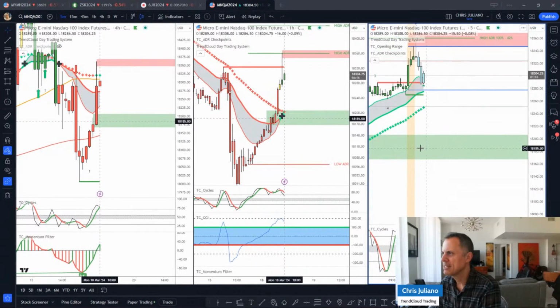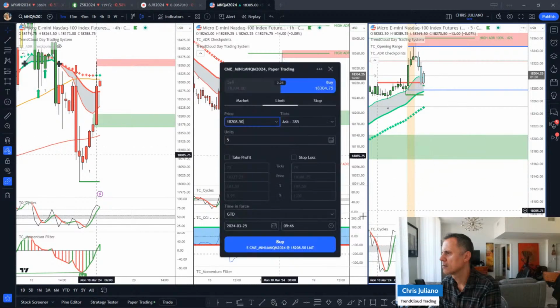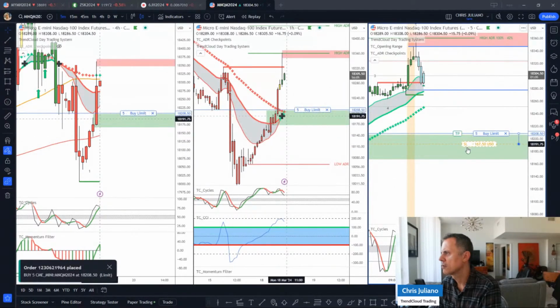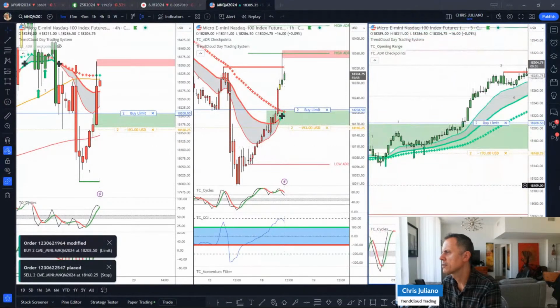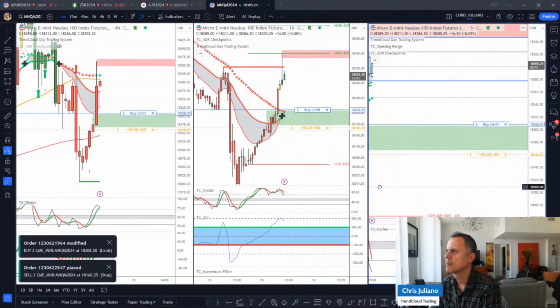And right down in here is a 1-hour demand zone. So this in here is what we're looking for. There we go. Perfect. Okay.